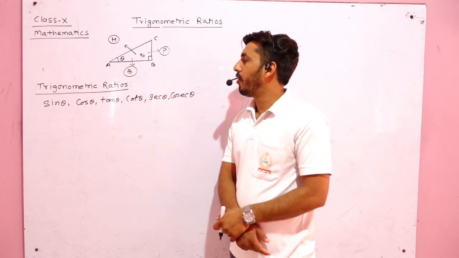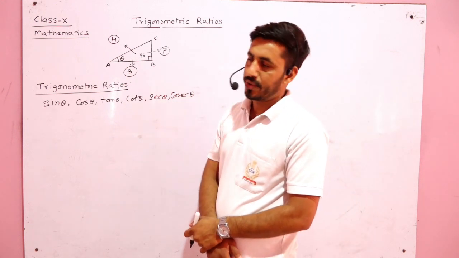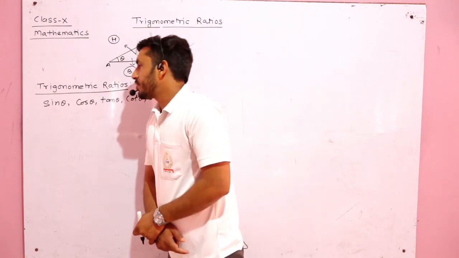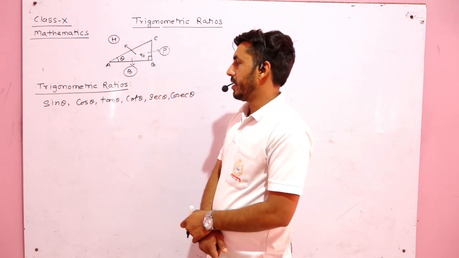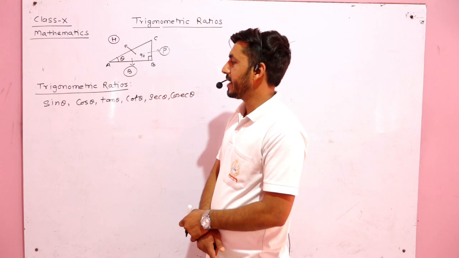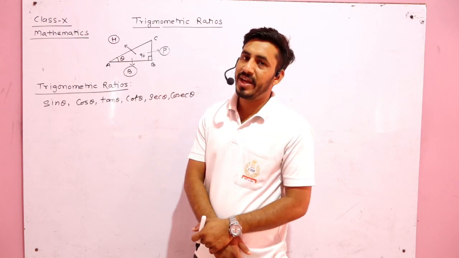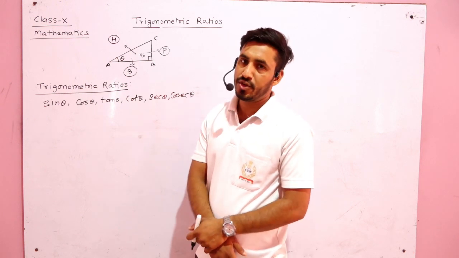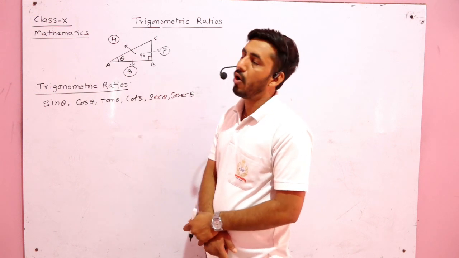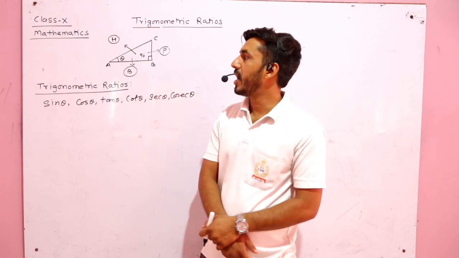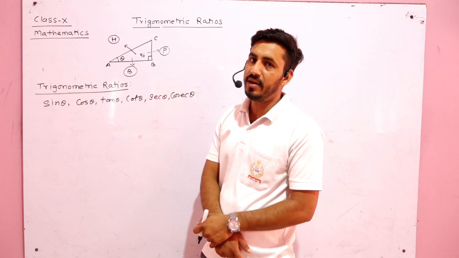These are the trigonometric ratios. First we will find the relation, meaning how we can find any trigonometric ratio in terms of the 3 sides, hypotenuse, perpendicular and base.